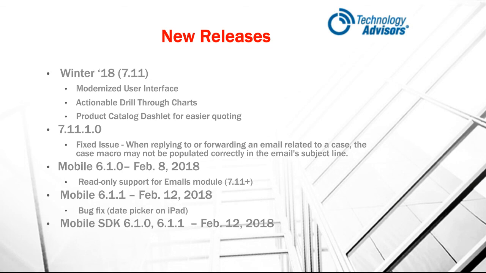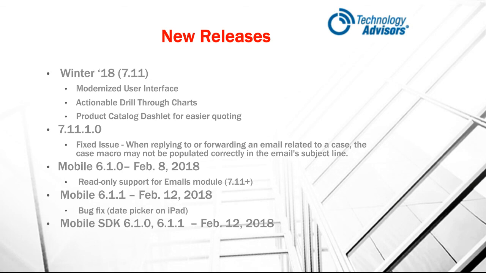And then there was also a product catalog dashlet that was added to the quoting module so you can easily add lots of products to your quotes. We did a deeper dive on that version in our last user group, so if you're looking for more information about those, the recording of that user group would be a good place to start.